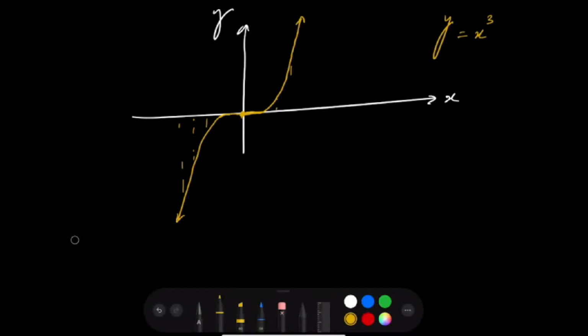That's why, unlike the graph of y equals x square, this graph is not positive on both sides. On the right side it is positive, but on the left side it is negative, because when you multiply a negative number 3 times, you get a negative value. Okay, clear?